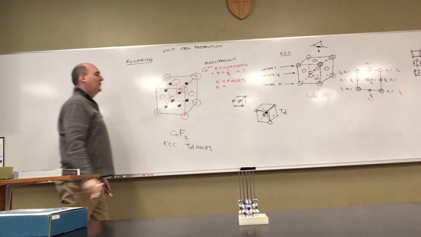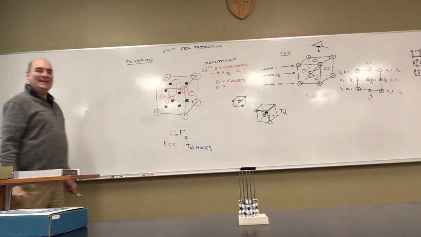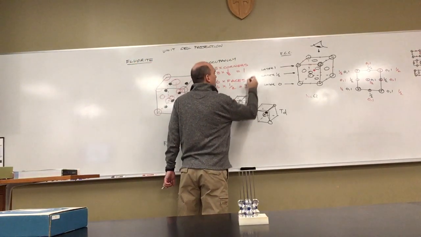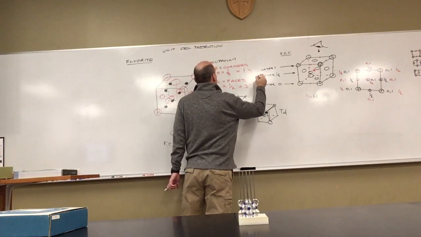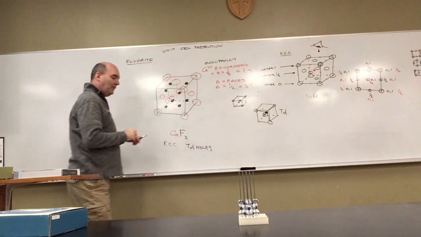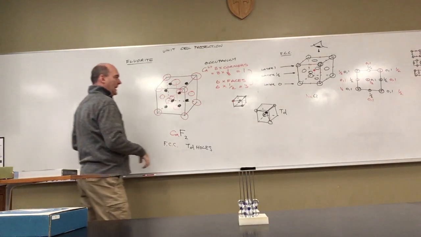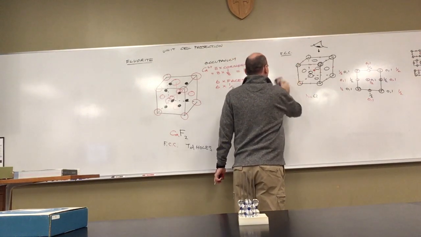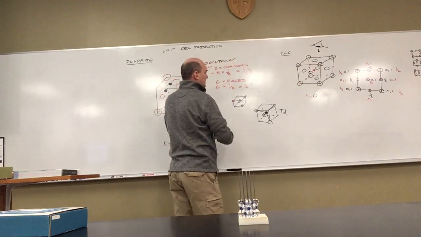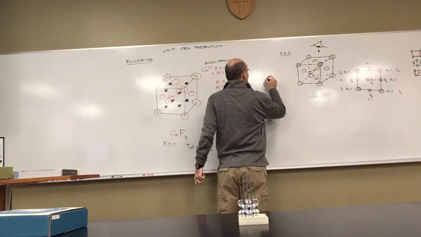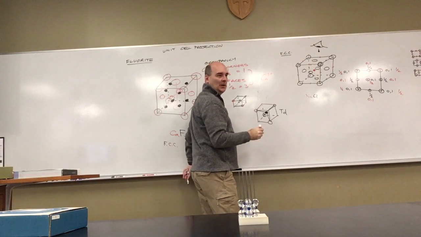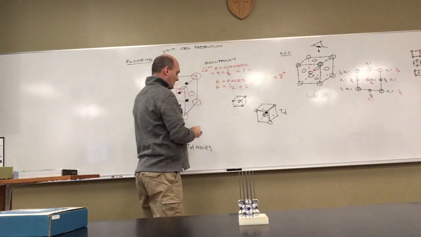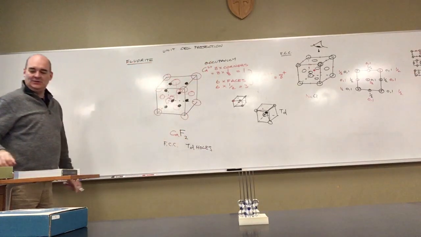And how much of the red sphere is inside the unit cell if it's on the face? So I have 4 calciums, but remember, each calcium is a 2+, which gives me a total charge due to the calciums in this unit cell of 8+.